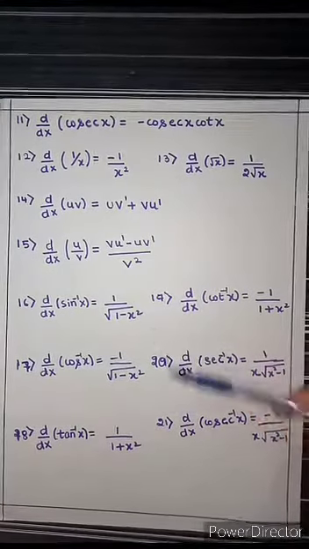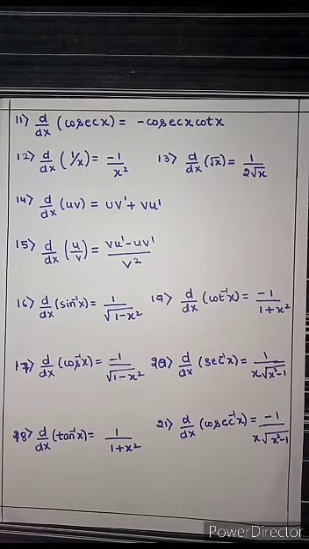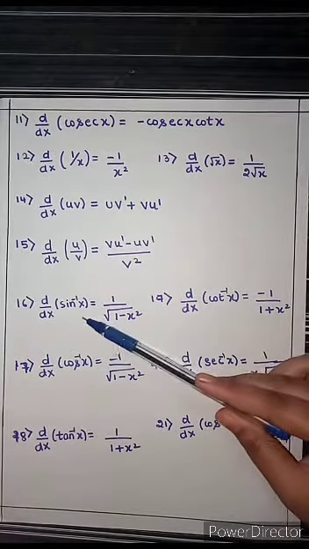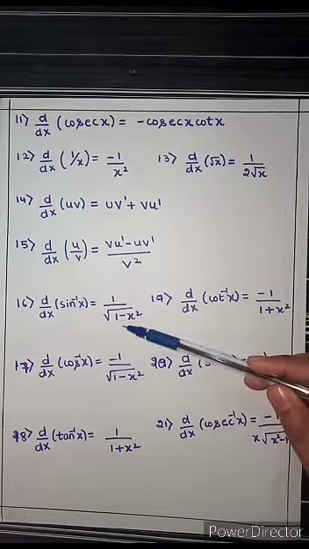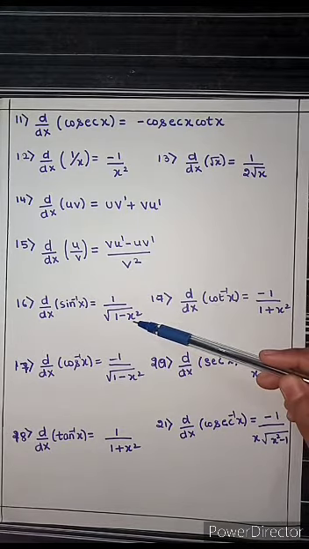Now from 16th to 21st you need to learn by heart 3 only. So if you learn 3 by heart, automatically you will remember another 3 also. Okay, let's see how. 16th one is derivative of sine inverse x is 1 over root of 1 minus x square. See, you have to memorize this.